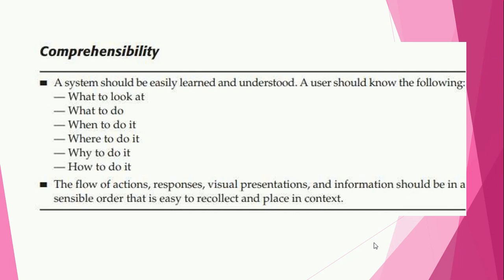The flow of actions, responses, visual presentations, and information should be in a sensible order that is easy to recollect and place in context. The flow of action: say you are using an ATM machine.